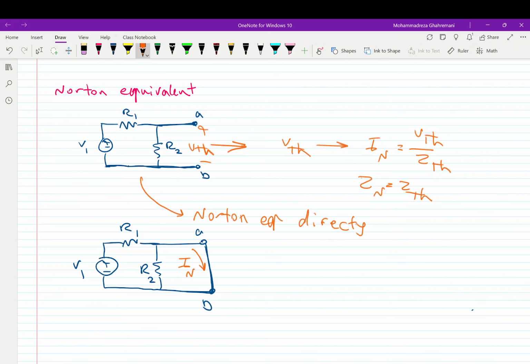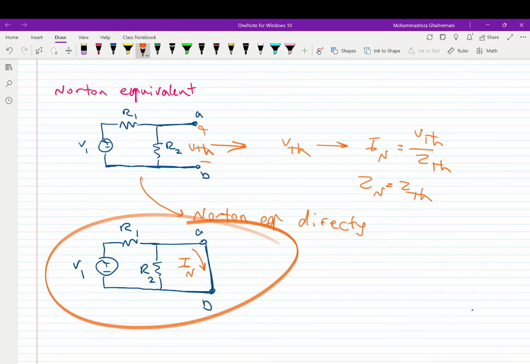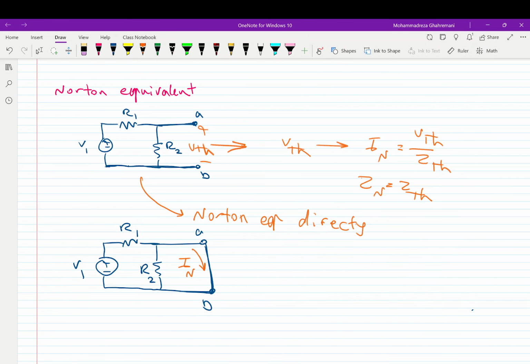So if we are supposed to find the Norton equivalent directly, we need to short circuit the terminals and find the current passing through that point, and that current is the Norton current. The Norton impedance is the same as the Thevenin impedance. In order to find the Thevenin equivalent, as we learned so far, we keep those points open circuit and find the voltage across them, which we solved lots of examples of last semester and this semester.